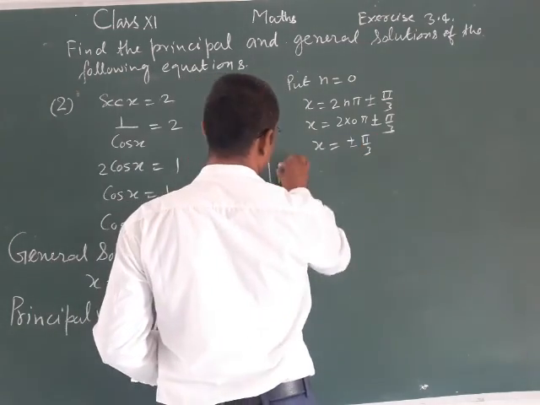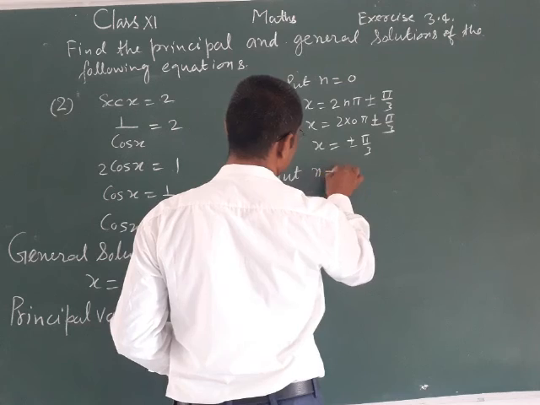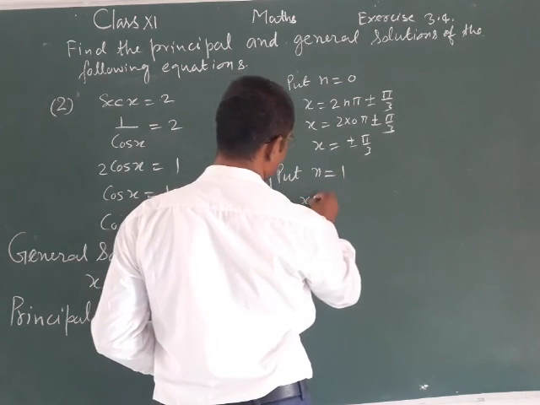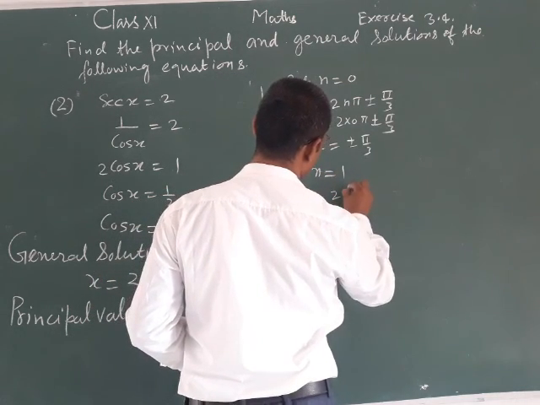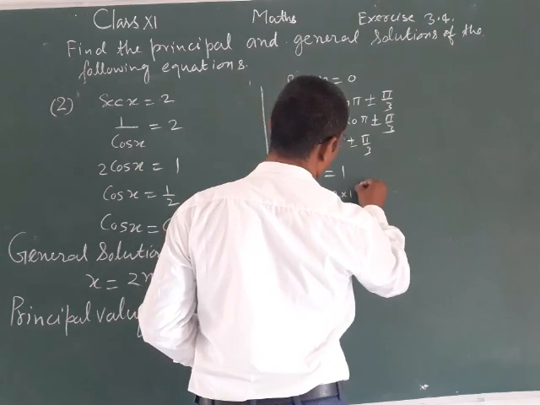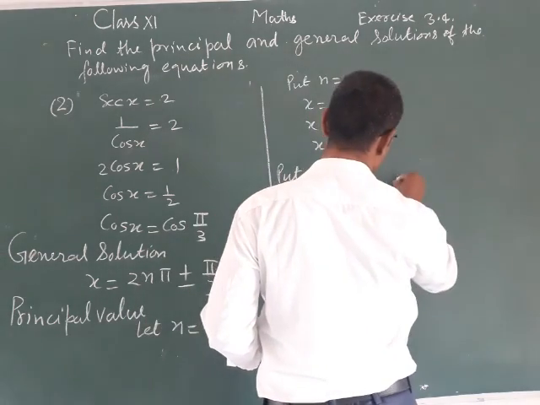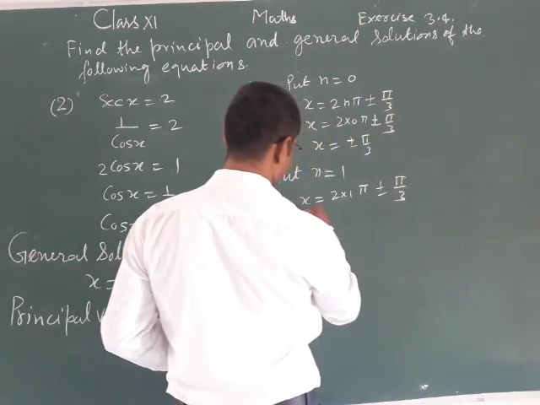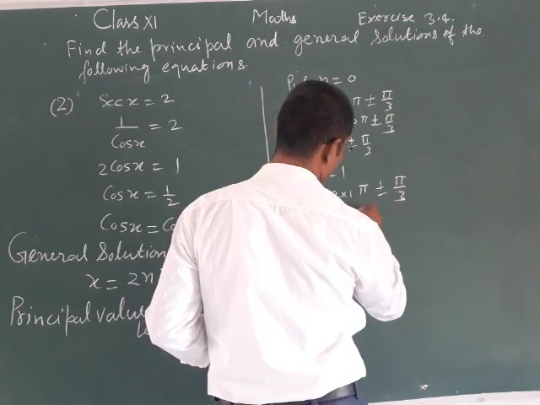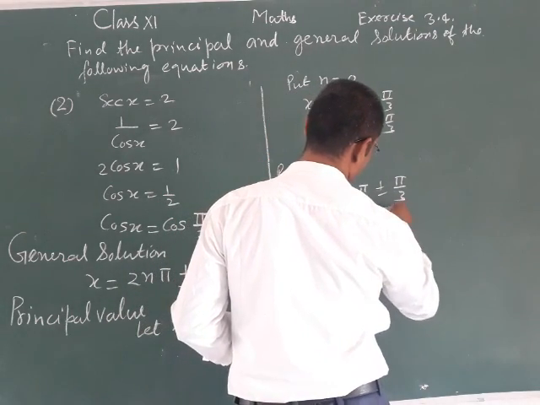Also put n equal to 1, then x is equal to 2 into 1 pi plus minus pi by 3, so x is equal to 2 pi plus minus pi by 3.